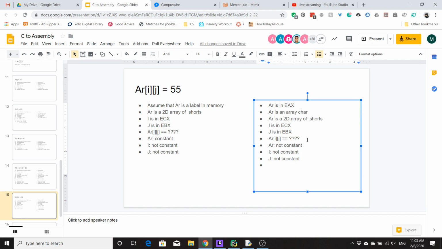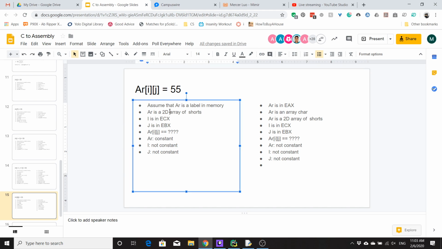Good question, right? How we allocated this array is going to really affect our answer. So let's assume that AR is a 2D, let's say a 5 by 16 array of shorts declared statically, like short AR[5][16].